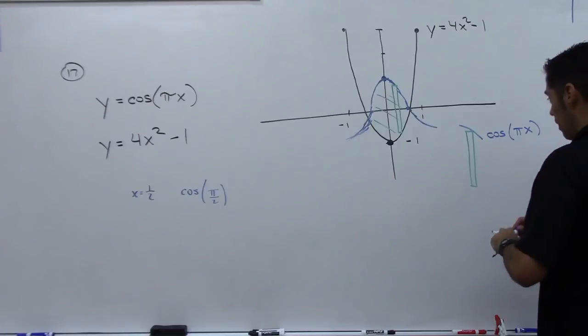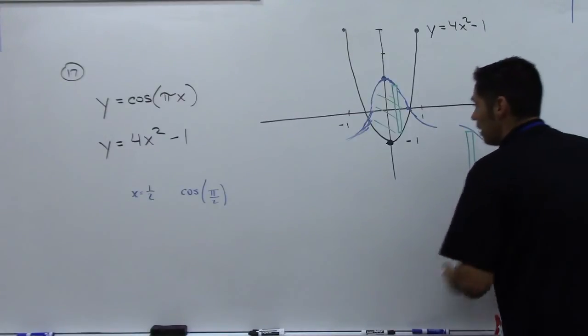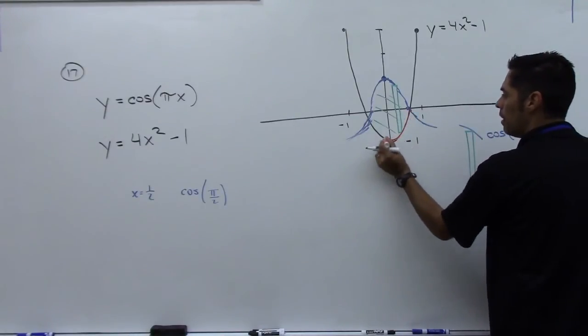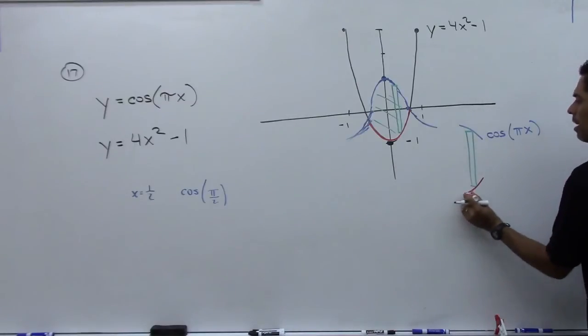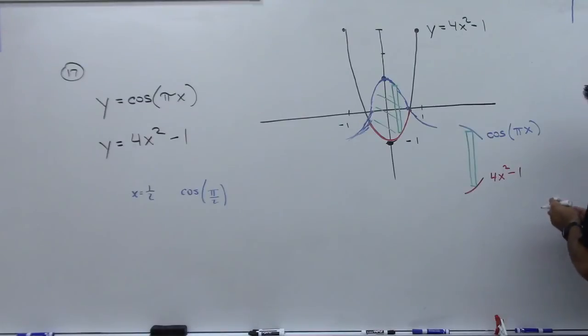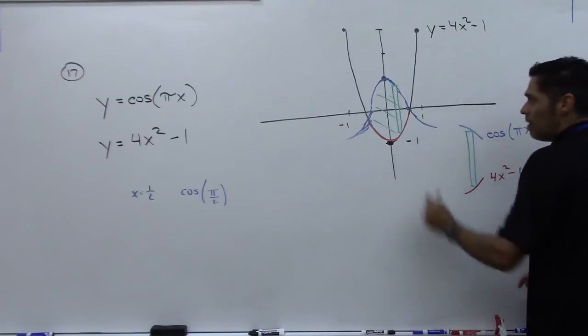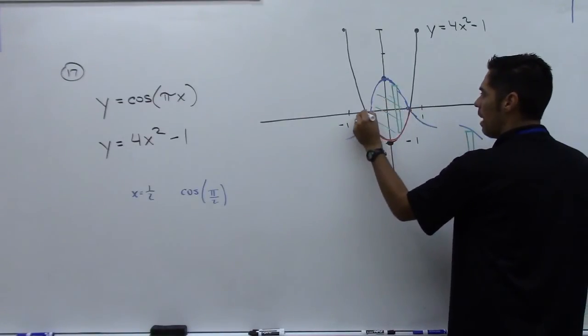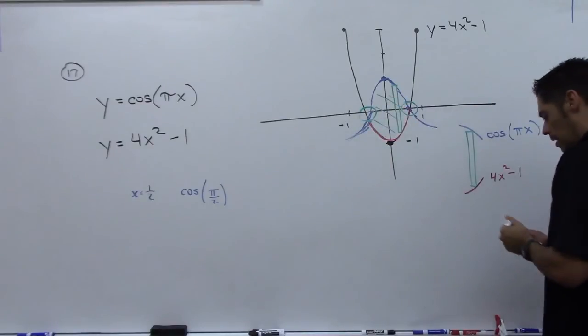But the red one, I'm sorry, I haven't drawn it in red yet. The red, which is the bottom part here, that will always be on the bottom, and that's the 4x squared minus 1. But to figure out where these hit each other, I really don't know where those hit each other at all right now.